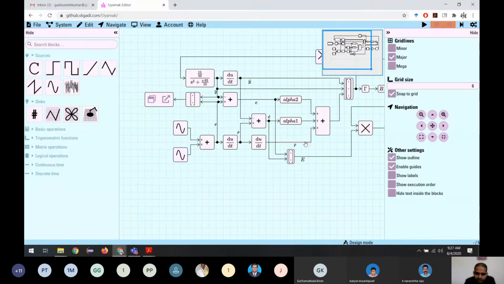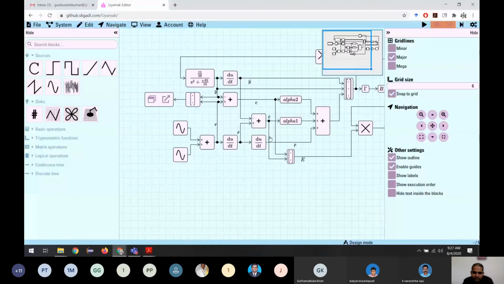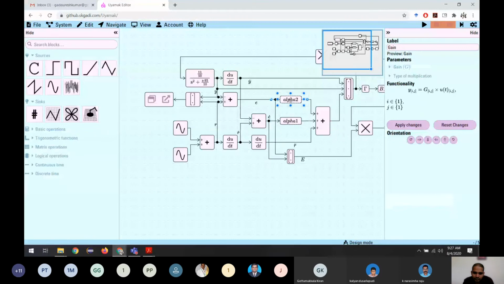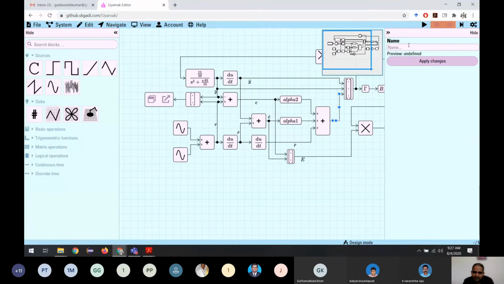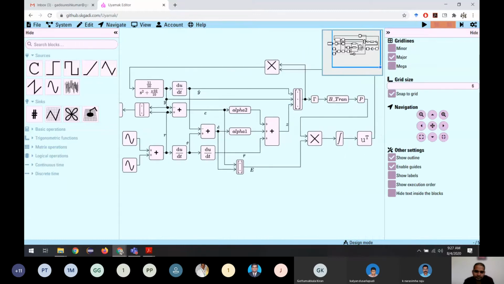Then we have alpha 1 times E dot, sorry, not E1, it's E dot. Alpha 1 times E dot. Alpha 2 times E. If we add these three, what we are receiving is the Z value. Okay.